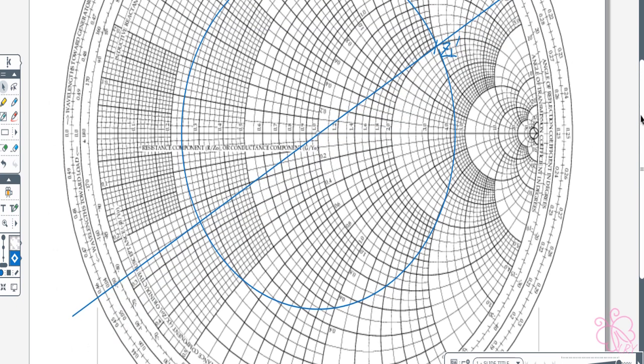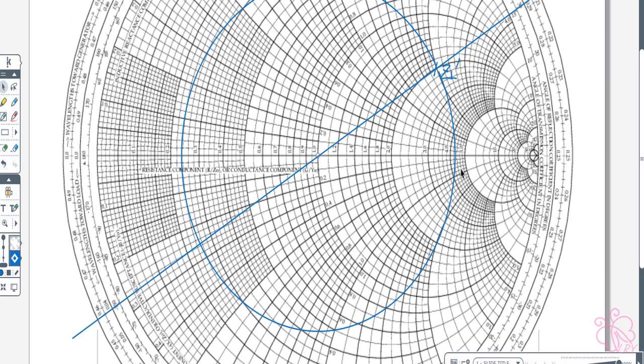So this is your ZL. 180 degrees from your ZL prime is your YL prime, so label it here as YL prime. If we measure our YL prime, this is between 0.2 and 0.3, so I can say it's in the middle, 0.25.